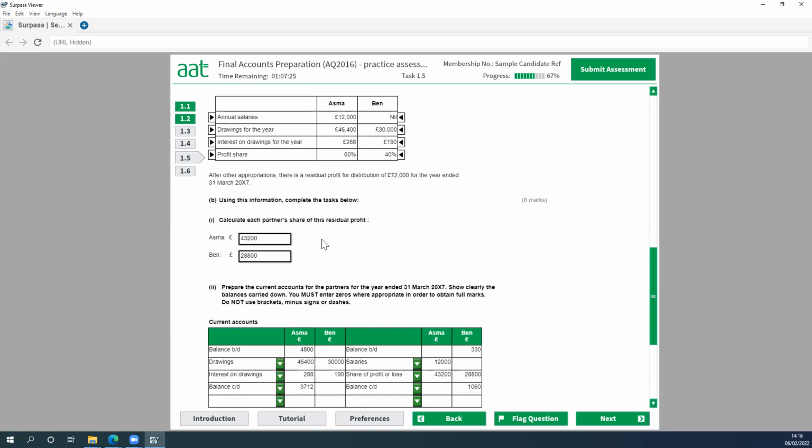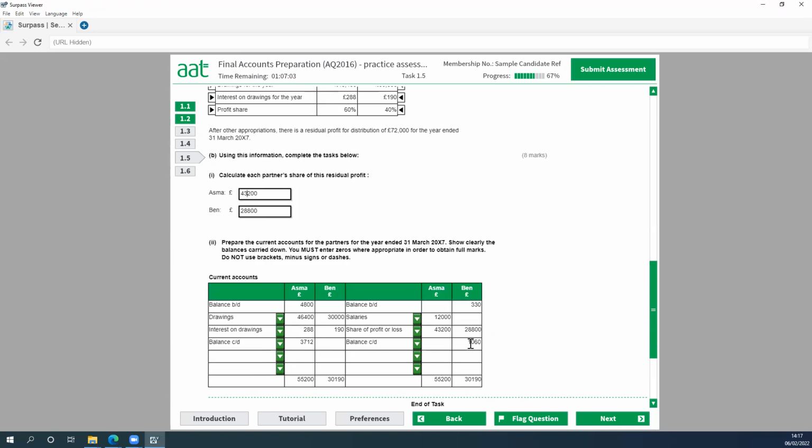And because we don't like them taking money out of the account, we're going to charge them interest on the drawings. So that also comes off that amount. So we're going to charge Asma £288 interest on her drawings and £170 for Ben on his drawings. Okay. So we've put all the information in now.